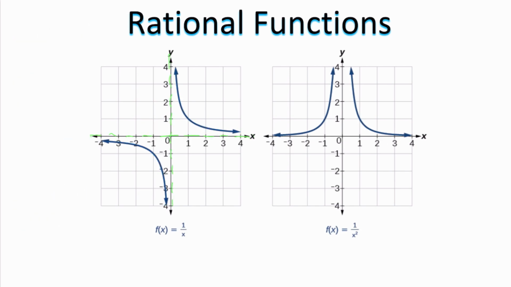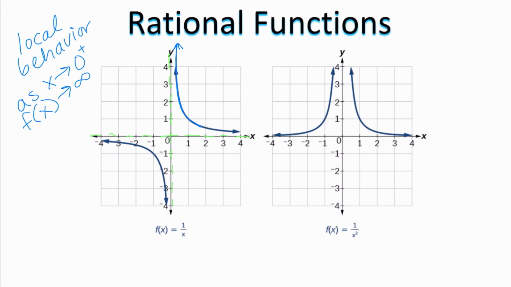The local behavior is what is happening towards the center of this graph. Notice that my graph gets closer and closer and closer to this vertical asymptote of 0. So as x approaches 0 from the right-hand side, that's what that plus sign says, the function is going to approach positive infinity.